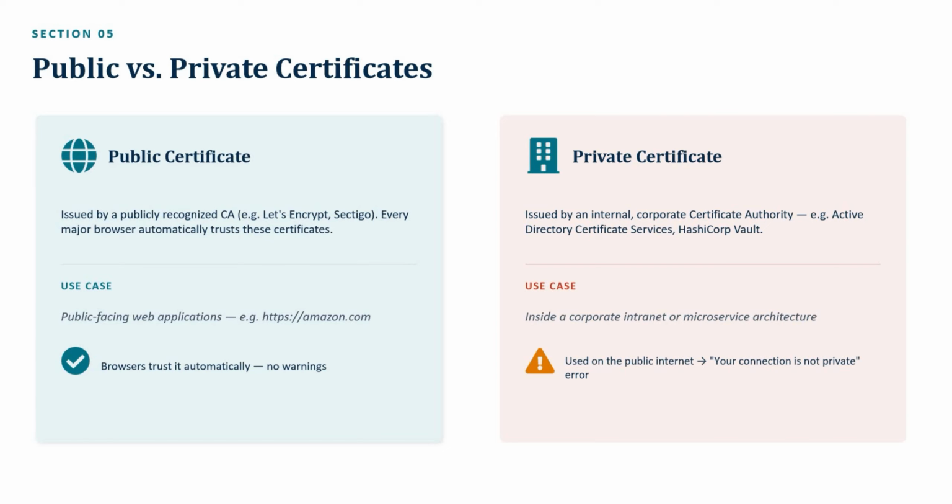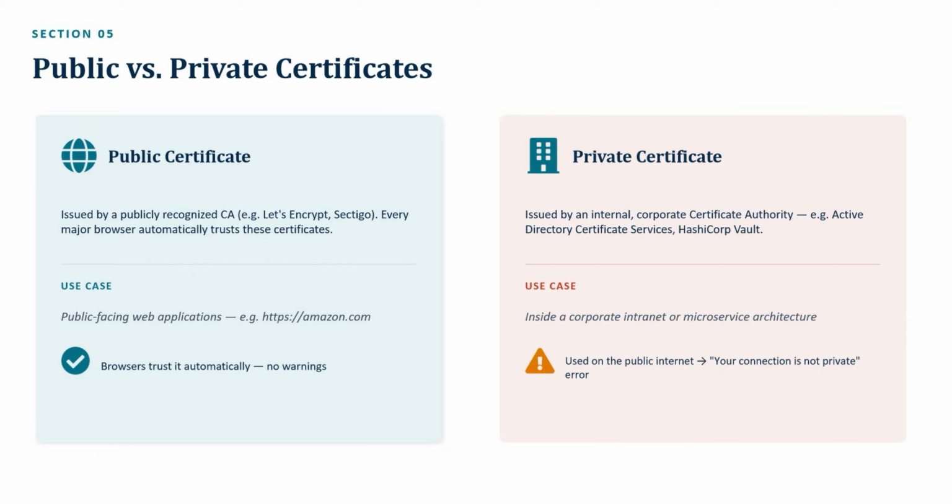Here, as an example, you can see https://amazon.com. You are already aware of what amazon.com is. It is an e-commerce website, and this website is using a public certificate.